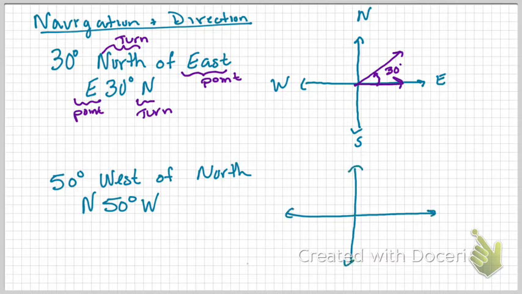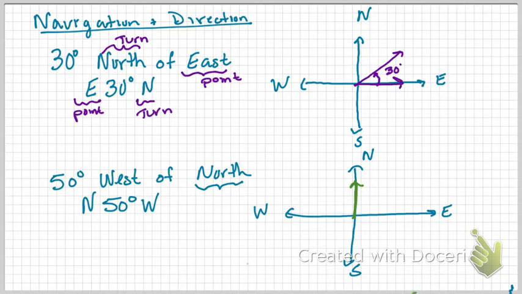So you have a coordinate plane, which is just like a compass. North, south, east, and west. You would point towards the north. So you'd start out going due north. Right here. And then you would go towards the west 50 degrees.